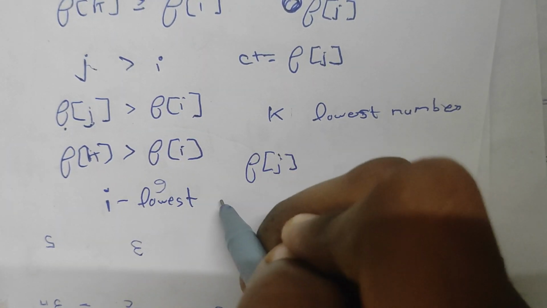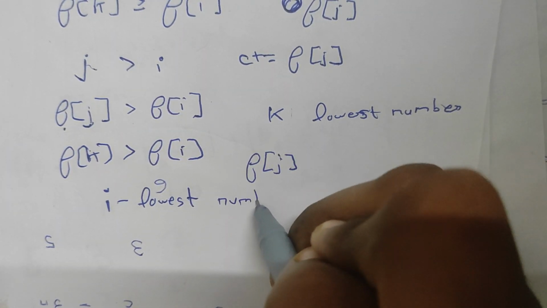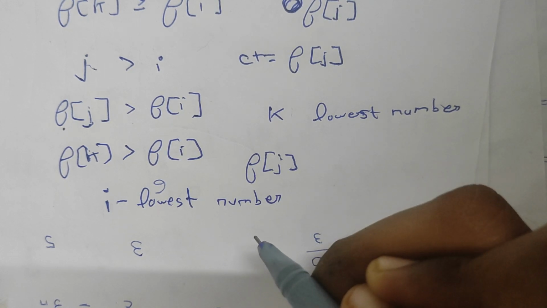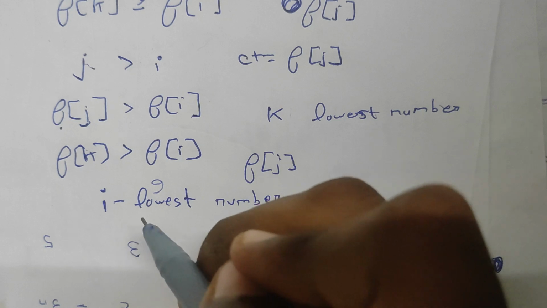Since there are no candidates lesser than i, i will become the lowest number, and all the fans of the people that we excluded will get added to i.